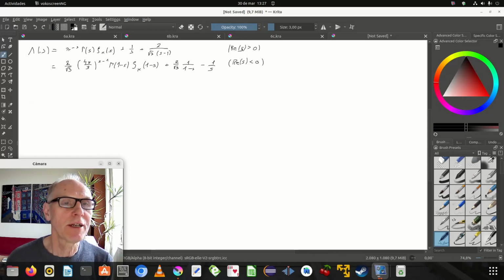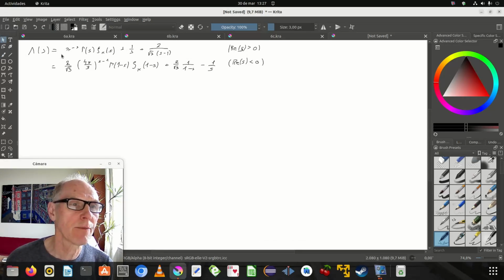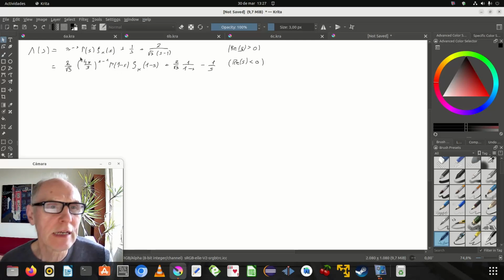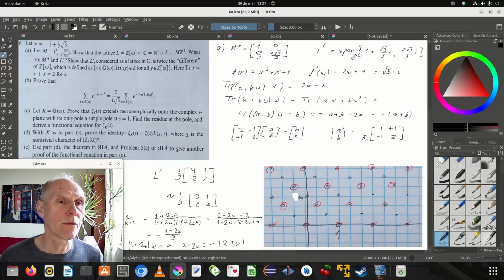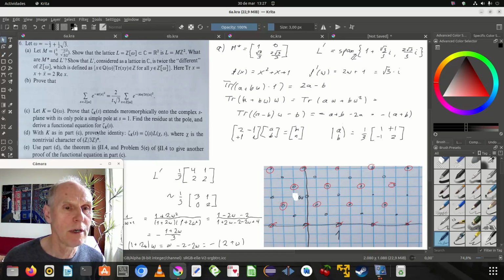So I have copied it now. And so this equals that. It seems like it may be symmetrized some way, but I don't really know how to do it. So this finishes questions part C of the problem.